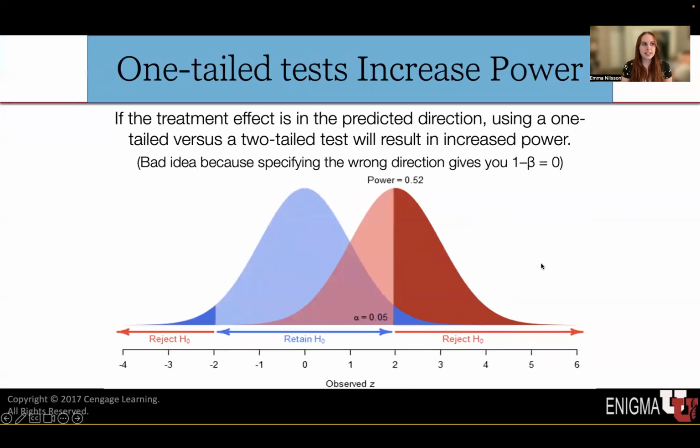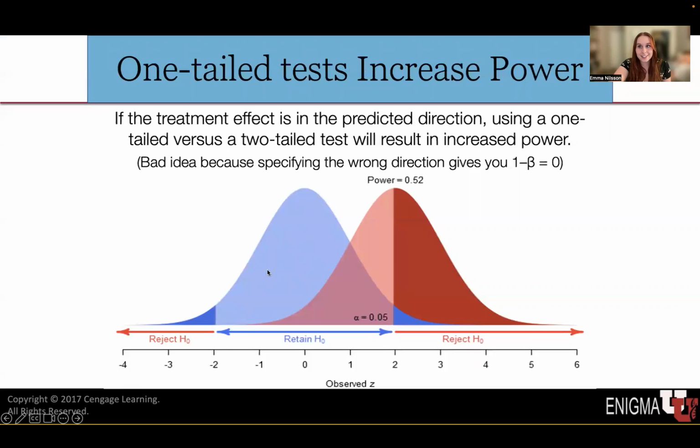Okay, and the last thing that can increase power is switching from a two-tailed test here to a one-tailed test. That increases your power. However, one-tailed tests only have increased power, increased probability of correctly rejecting a null hypothesis or correctly identifying a treatment effect, if you put the tail in the right direction.